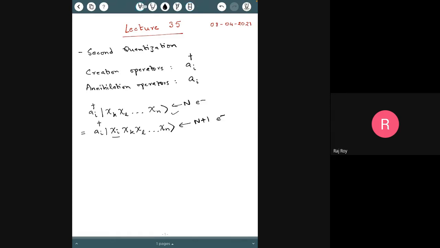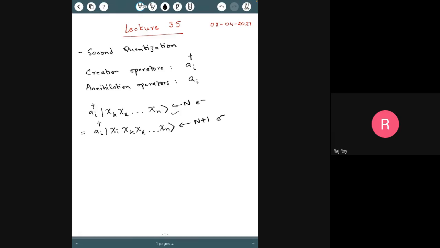So when it creates, it creates in the first place of the determinant, and when it destroys, it can only destroy an electron if it is right next to it. This is part of the convention which fits in with the antisymmetry of determinants and keeps all the signs intact. We will see how this works out. So this is the creation operator.